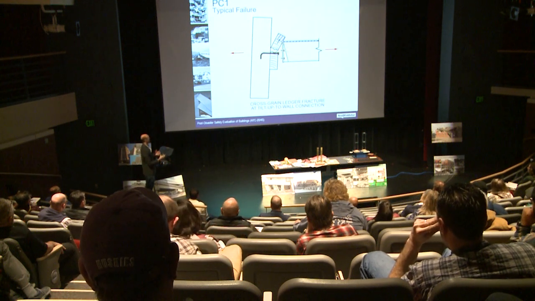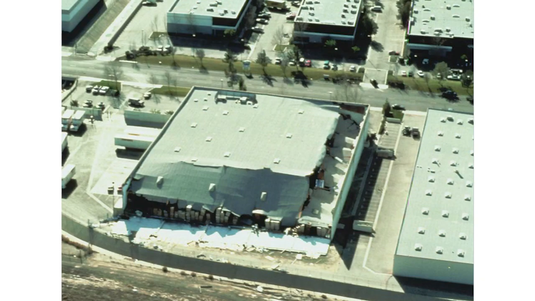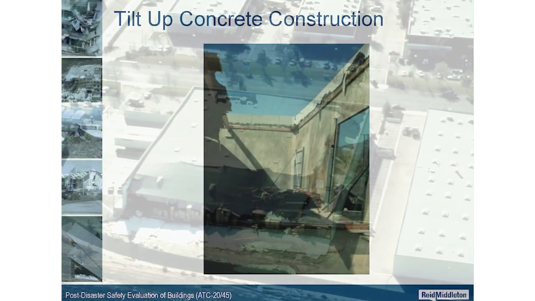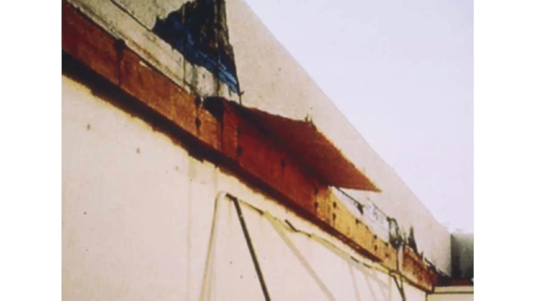And so that's been the failure mechanism for a lot of tilt-up concrete buildings. So something to pay attention to if you're asked to evaluate tilt-up concrete buildings, because it can create that kind of failure, a cross-grain bending failure mechanism. So here's some depictions of that. In fact, if you look up closely, you can literally see how that ledger beam is torn in half, and in some cases the sheathing was torn up as well.